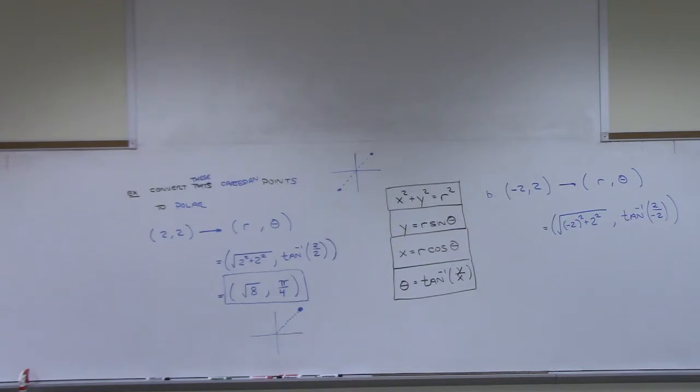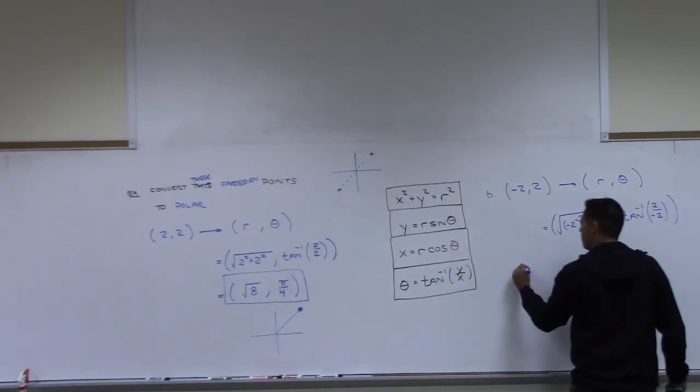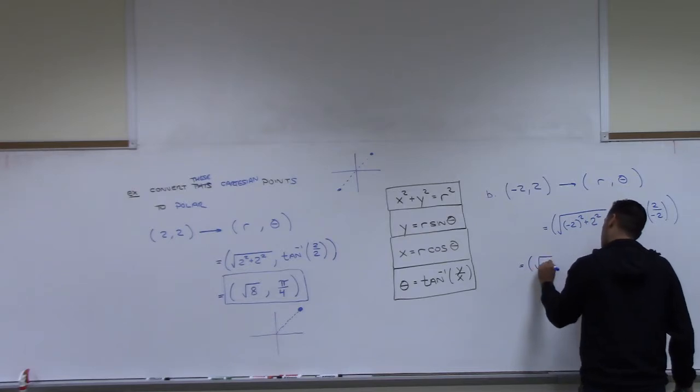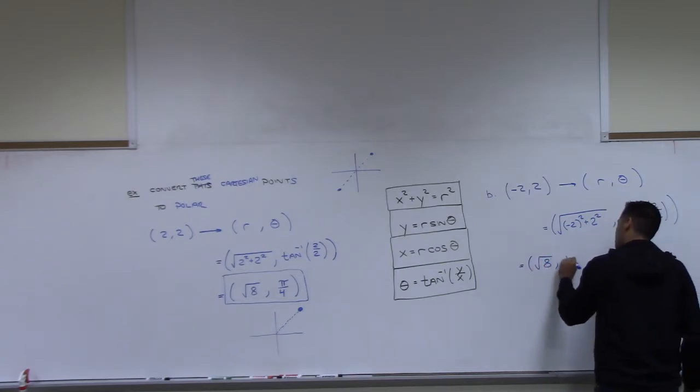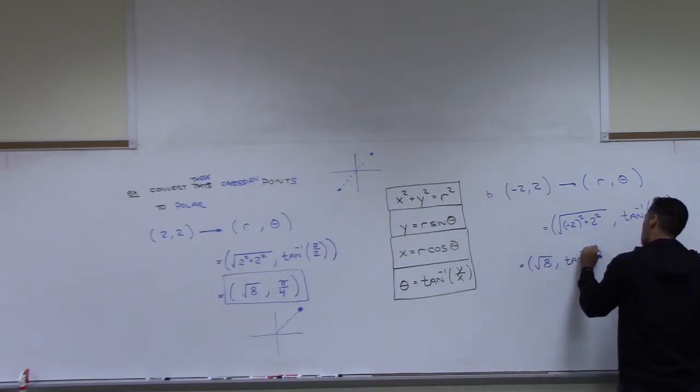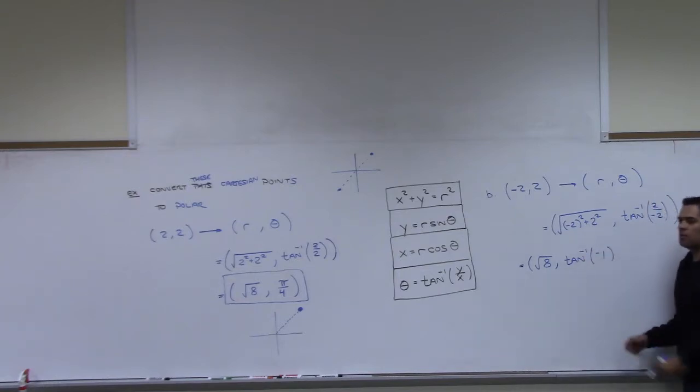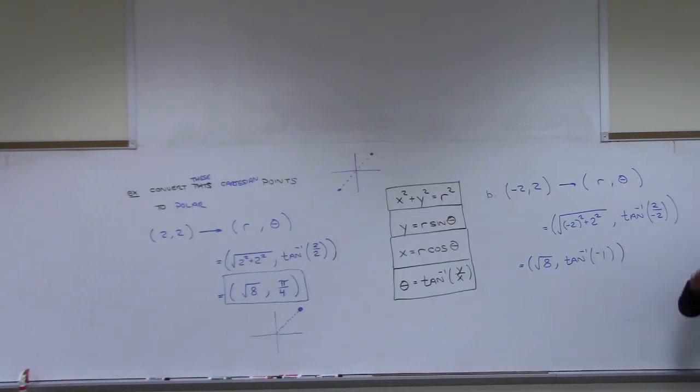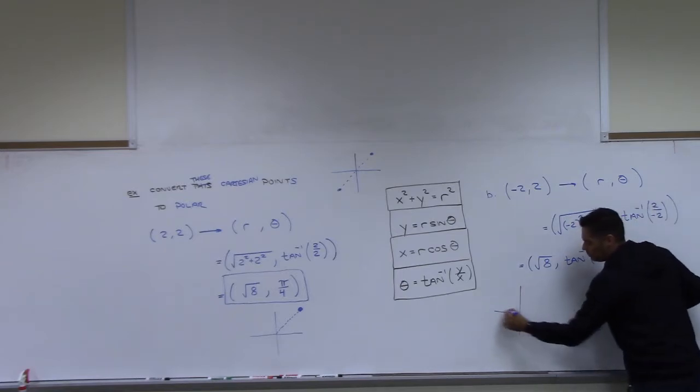What's the first part? Root 8 again, okay. And then we have arctangent of negative 1. So we're saying to ourselves, where is the ratio of the y coordinate to the x coordinate negative 1 on our unit circle? So where was that?